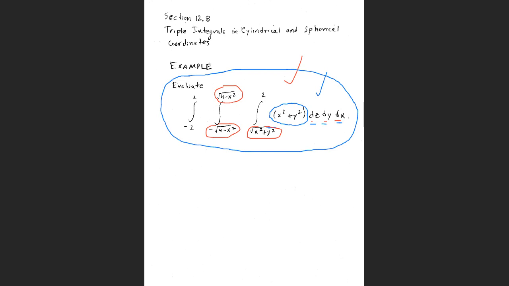Okay, now let me ask you this. Based on the fact that we have these limits, can we draw the solid? We do have limits here, so there must be a solid that goes with these limits.